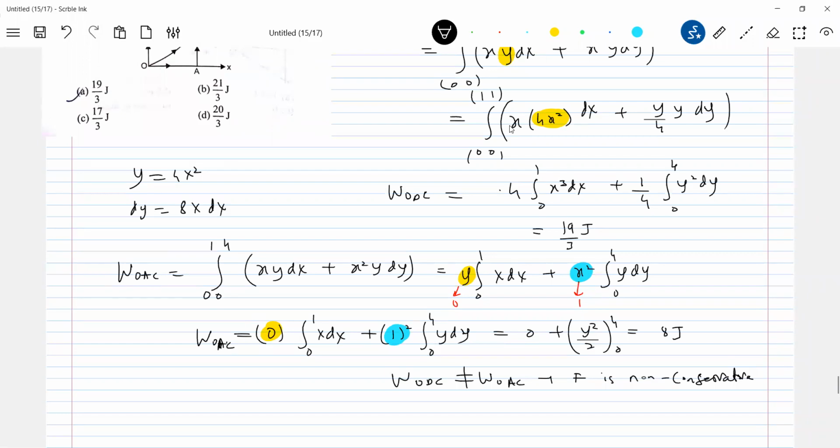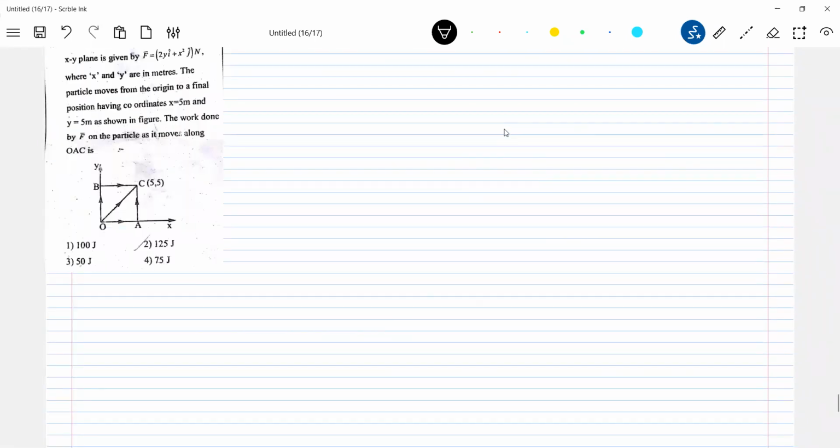I have to introduce the graph concept. If various graphs are given, how do we calculate the work done? The first graph is what? I'll start with the F-x graph.